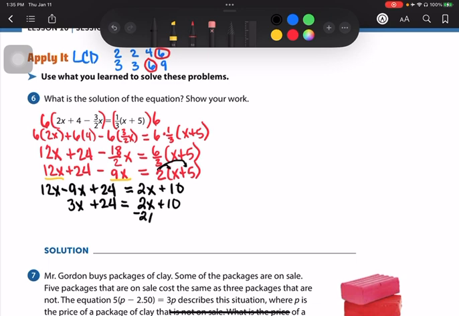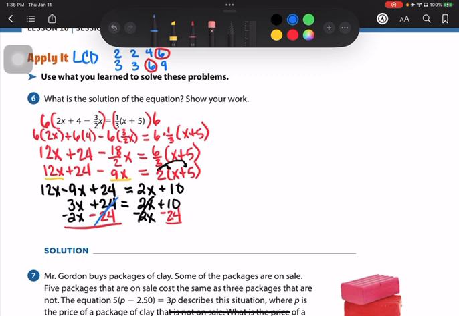So now I'm going to subtract 2x on both sides here. And now that all my variables are on one side, I'm going to bring my constant to the other side by subtracting 24 on both sides. So now this is gone.